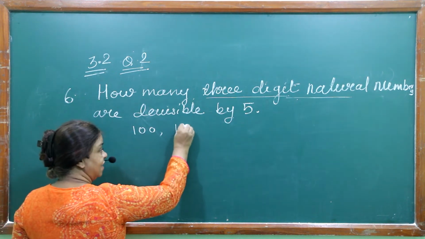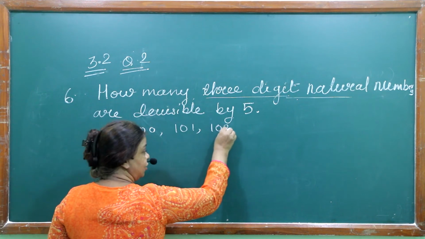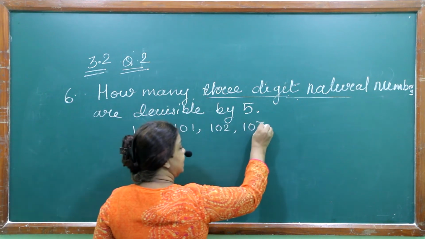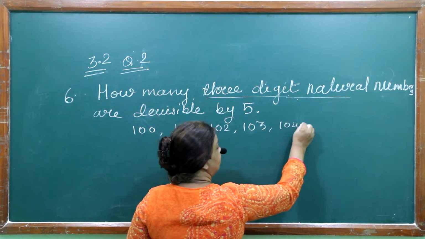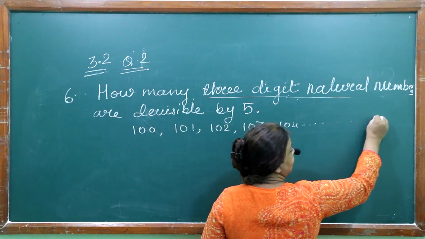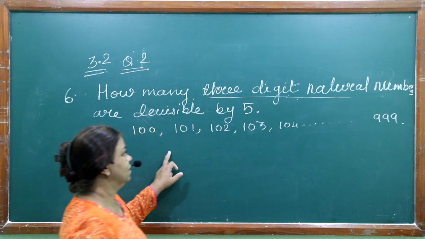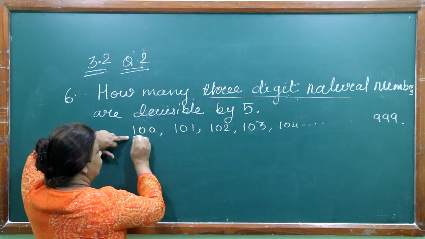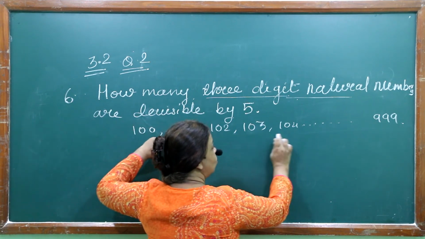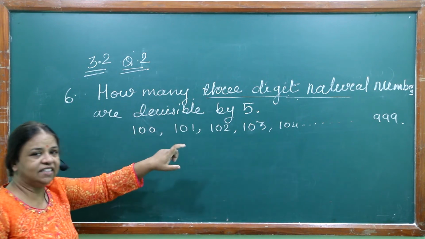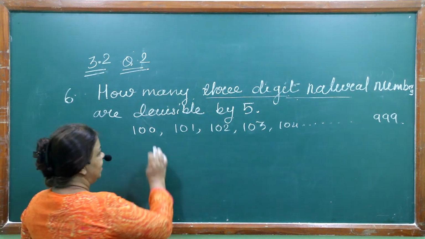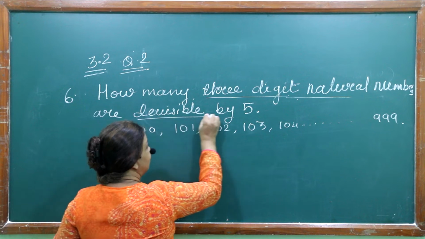Then 101, 102, 103, 104 and so on up to 999. But we are not interested in all the three-digit numbers. We are only interested in the numbers which are divisible by 5.